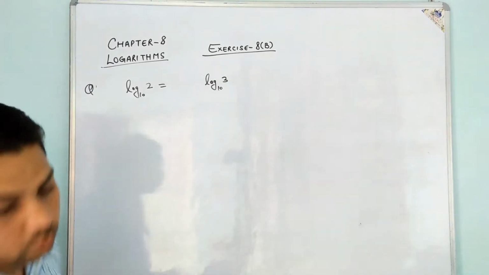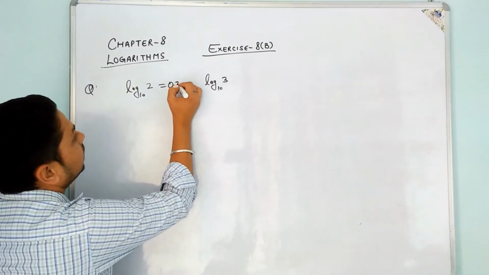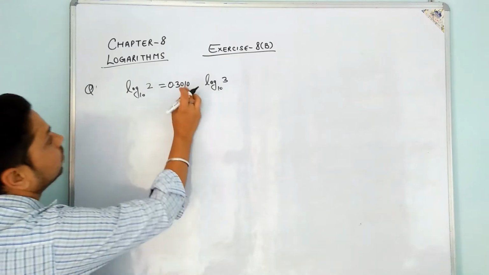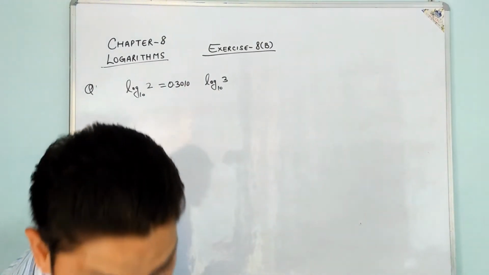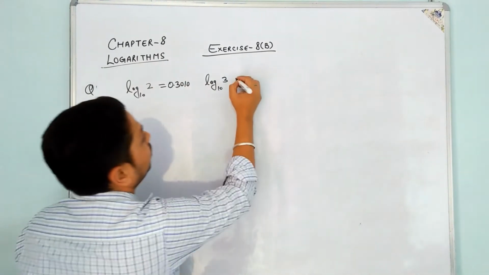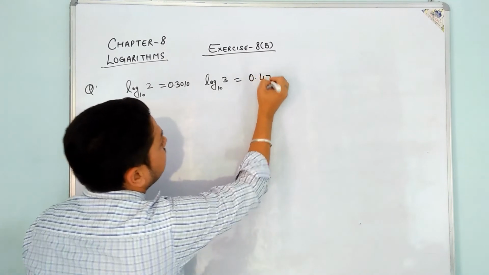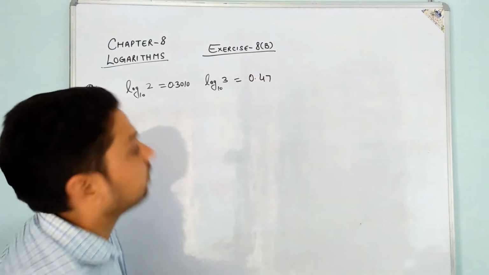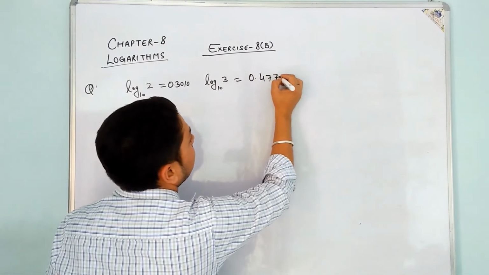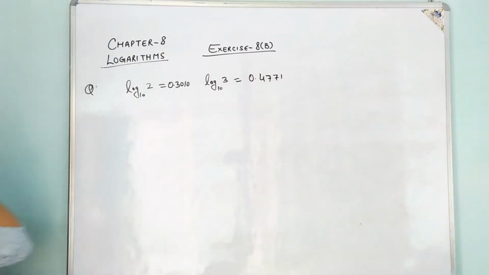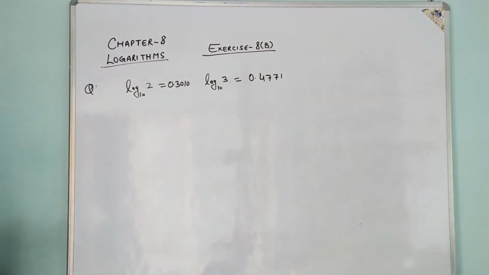Log of 2 is equal to 0.3010. Then log of 3 is equal to 0.4771. This is the value of log of 2 and log of 3.